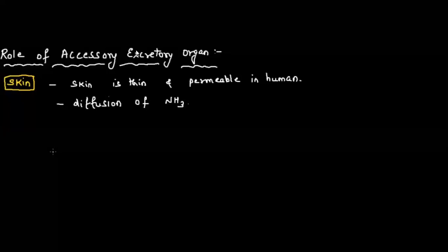When I draw the diagram of skin, what things will you observe? The skin consists of an upper layer called the epidermis, and below the epidermis there is a layer called the dermis. In the skin you are going to find the sebaceous gland, the sweat gland, and small hair follicles. These are very important parts we need to understand.